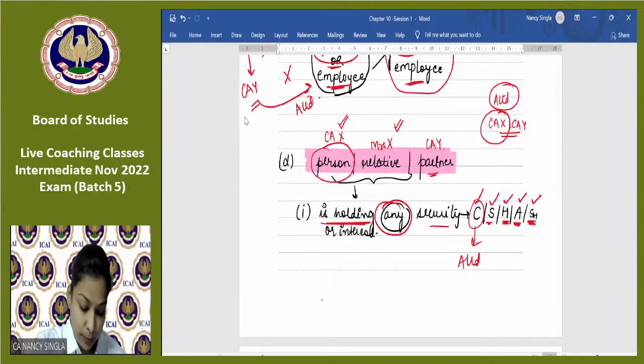He is not eligible to be appointed as the auditor of the company. Is it clear?